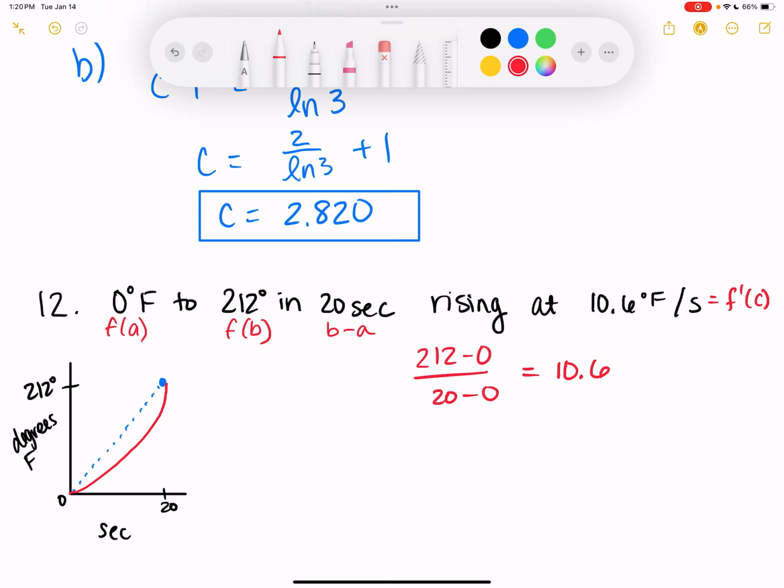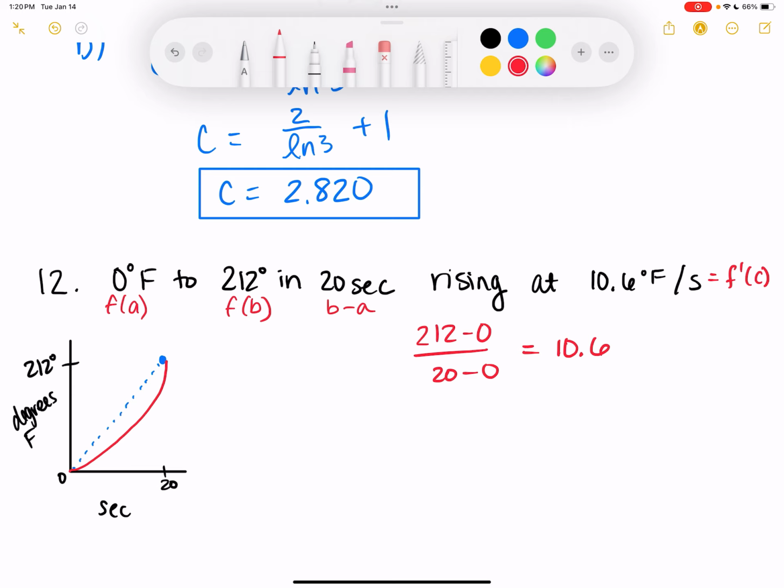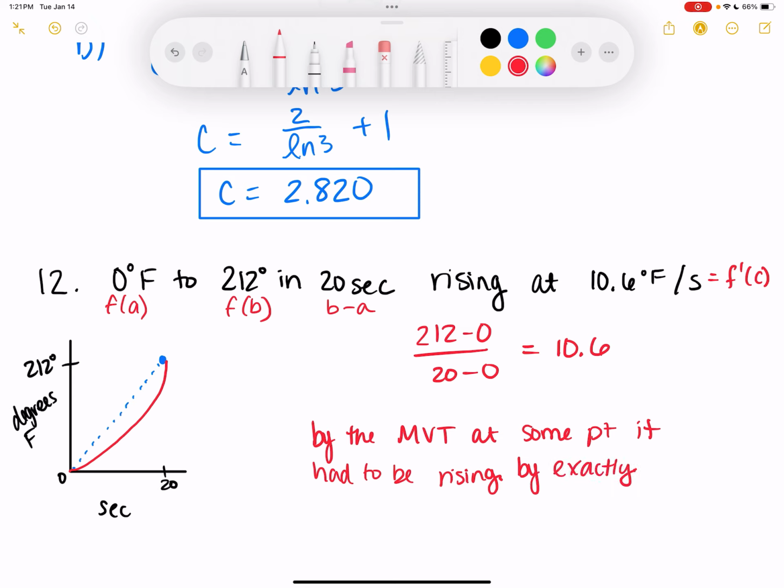I'm glad that we don't need significant figures in calculus. So based on this, by the mean value theorem, at some point it had to be rising by exactly 10.6 degrees Fahrenheit per second.